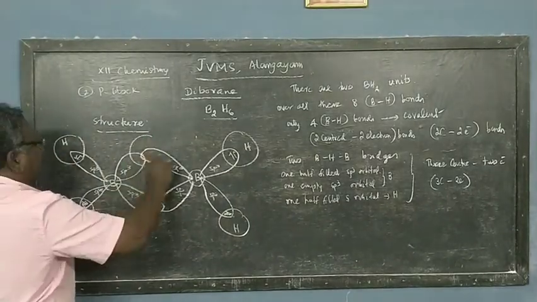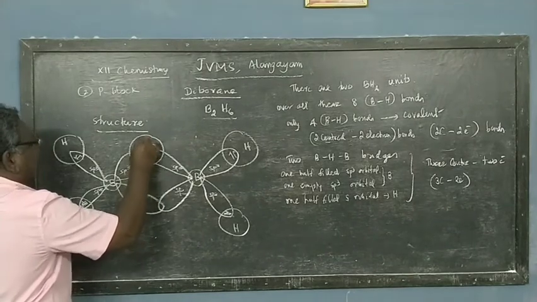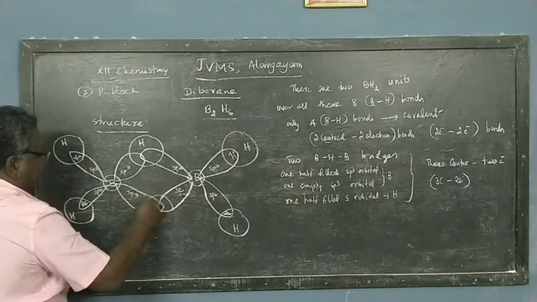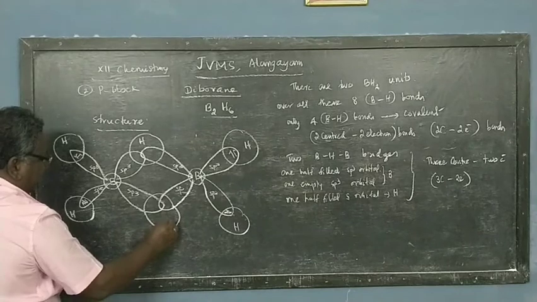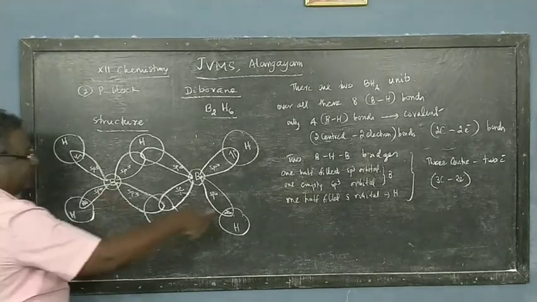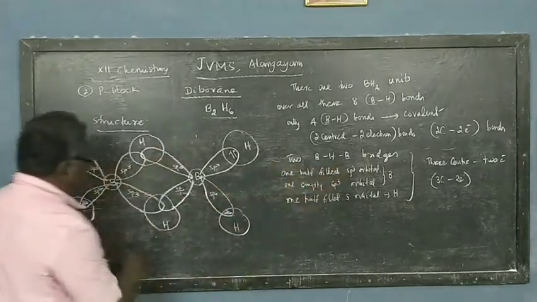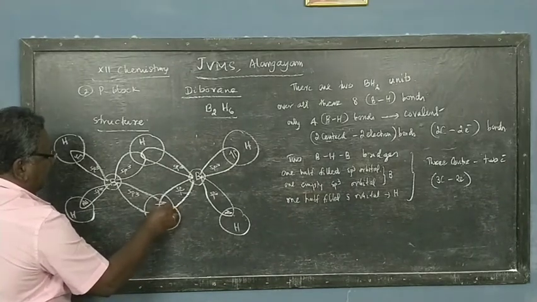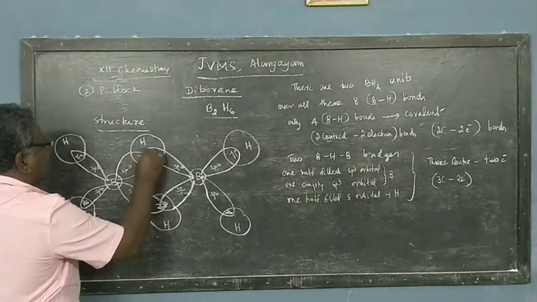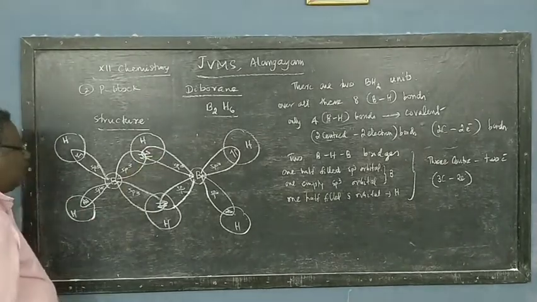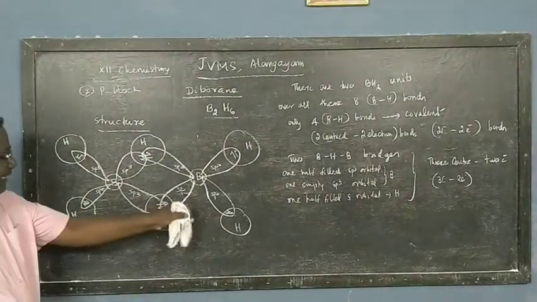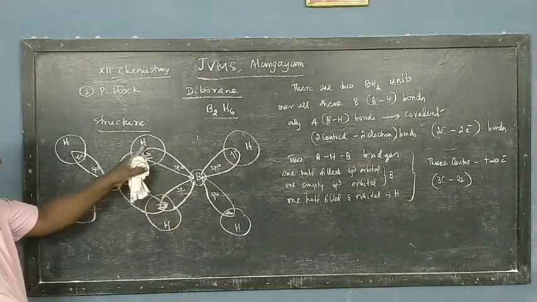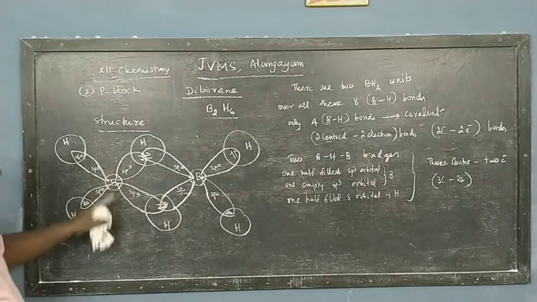Here 1 s orbital of hydrogen will be present. So this is what we have written as the BHB bridge. In this there will be only 2 electrons. 2 electrons connecting how many centers? 1 boron center, 1 hydrogen center, 1 boron center.